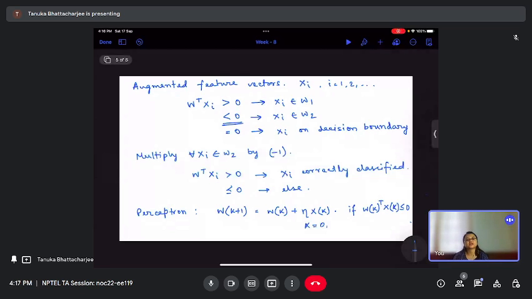So it has stopped means that convergence has been achieved. In this proof we will go by contradiction. Let us say that convergence won't be achieved even if you have linearly separable classes.